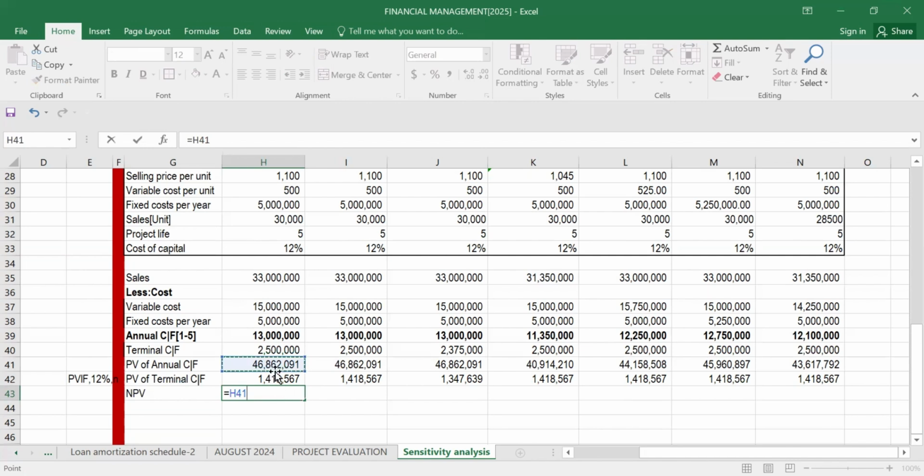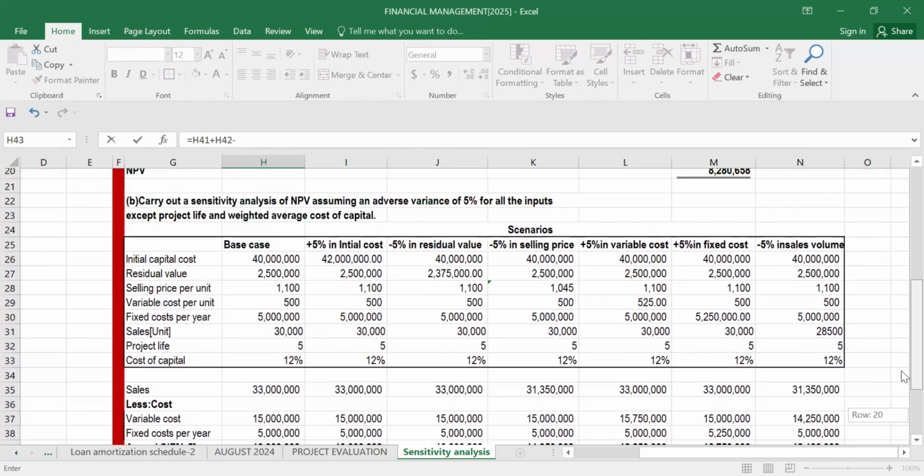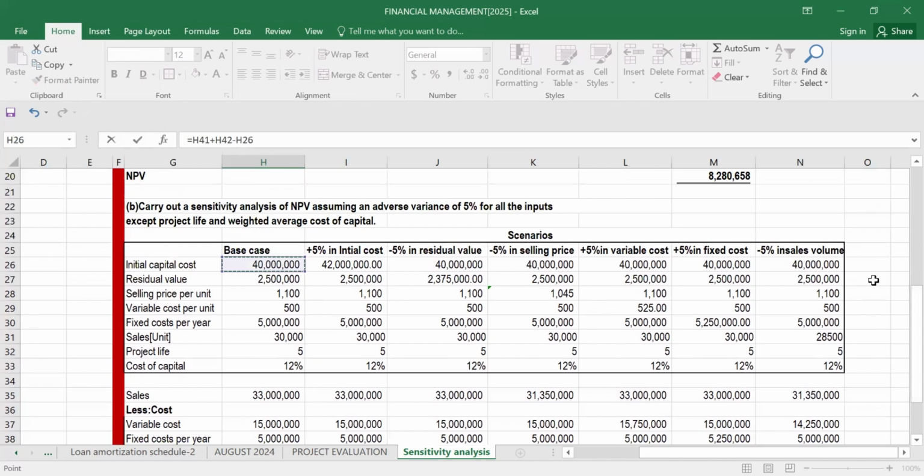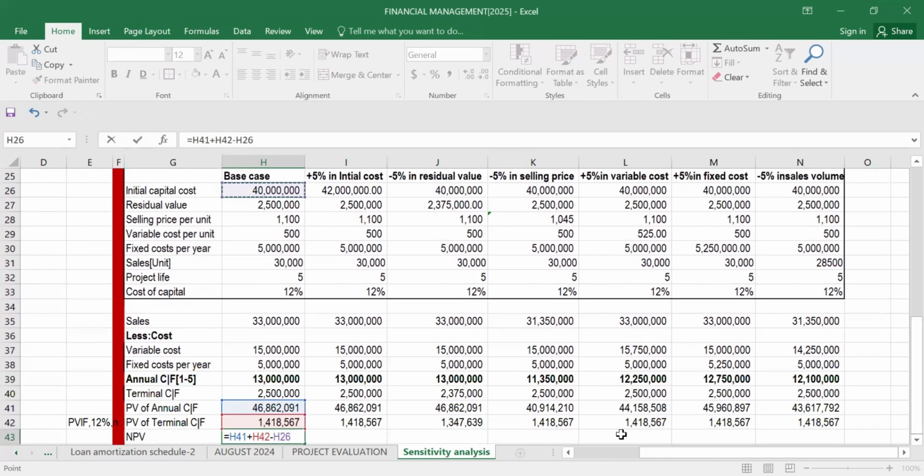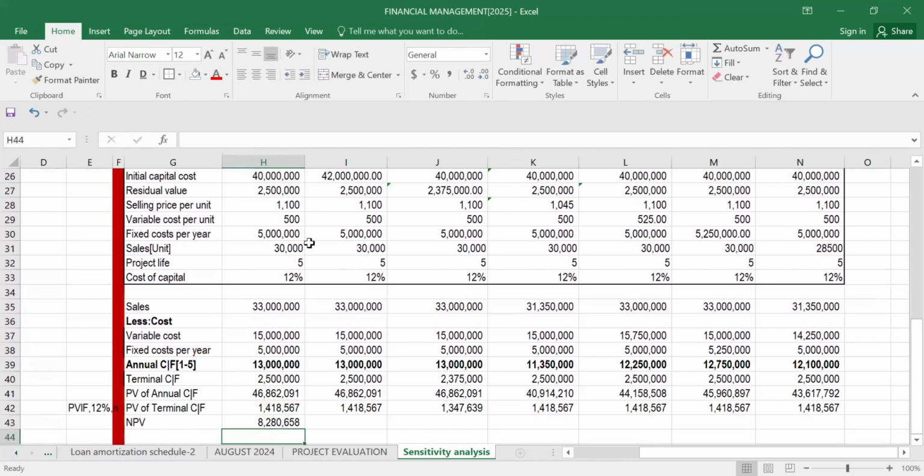So I need to add these two cash flows first of all: the present value of annual cash flows plus the present value of terminal cash flows, and then minus the initial investment. The initial investment, I have it up here, this one, 40 million. Yes, I hope you can see how we have computed that. The total present value of cash flows minus the initial investment will give us 8 million. Actually, we can confirm this.